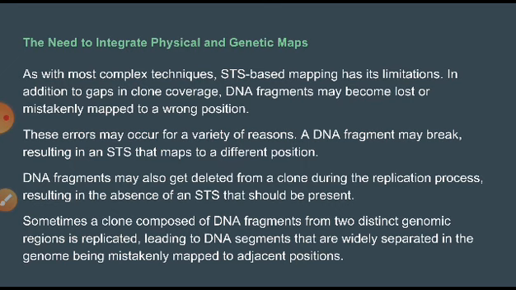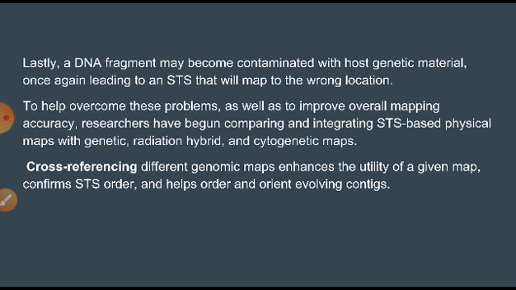So these are the different reasons why problems may come. Lastly, a DNA fragment may become contaminated with host genetic material, once again leading to an STS that will map to the wrong location.